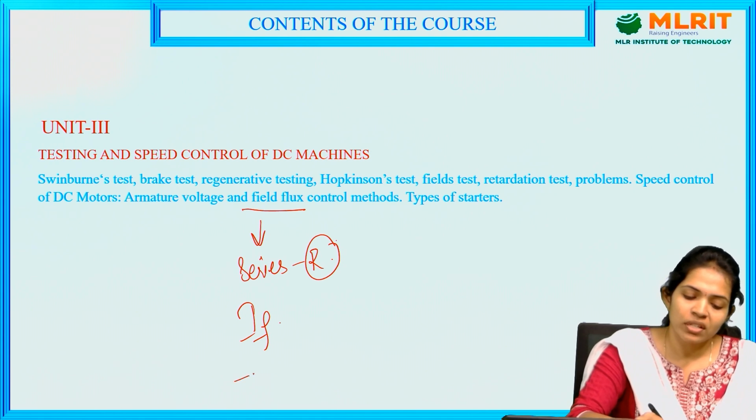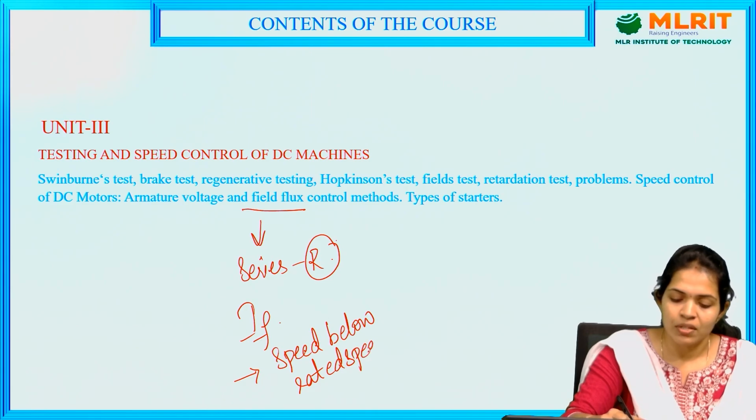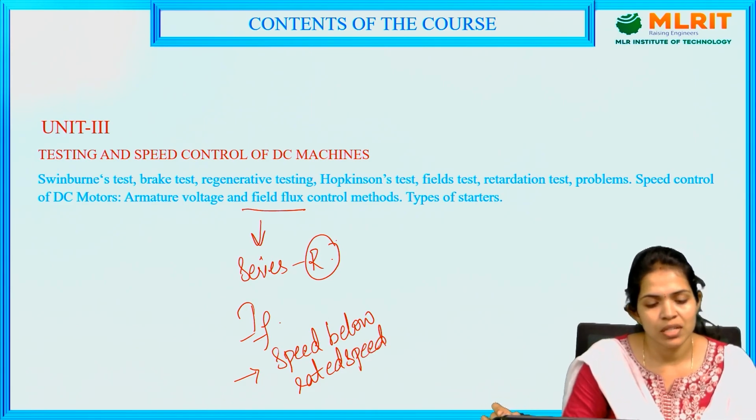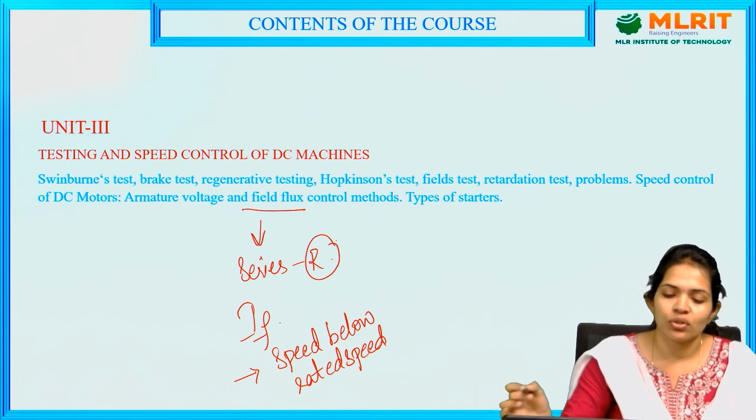By using this method, we get speeds always below rated speed. So these are basically the two types of speed control methods which will be discussed under the topic of speed control of DC machines, for DC motors and DC generators. These two methods will be discussed according to their constructions.